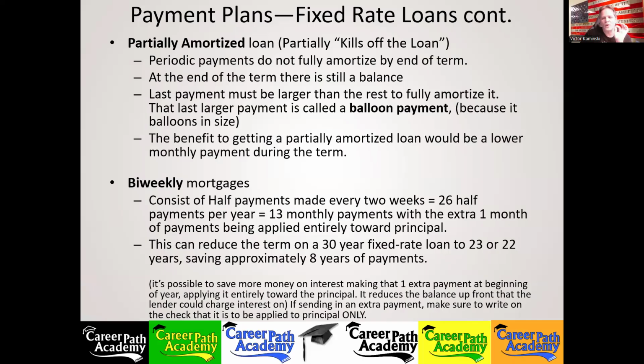If you get a 25-year loan instead of a 30-year loan, so this is a little bit different than having a 30-year loan and making an extra payment every year. The math on it's just a little bit different. You'd probably save more making that extra payment every year. But let's just say that you had a 25-year loan versus a 30-year loan at a 5% interest rate for a $300,000 loan amount.